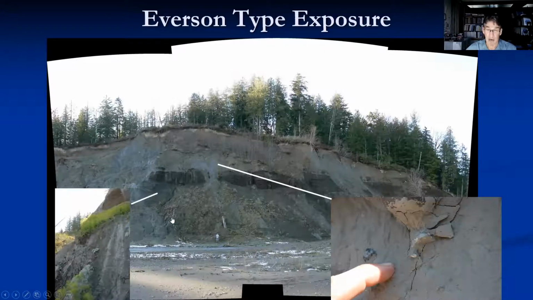Well, the lower unit's a lot harder to get clean examples of, because so much of the stuff on the cliff has fallen down from up above. Both of these units, the lower unit and the uppermost unit, look very similar on the surface because they're fine-grained muddy deposits with coarse clasts in them.